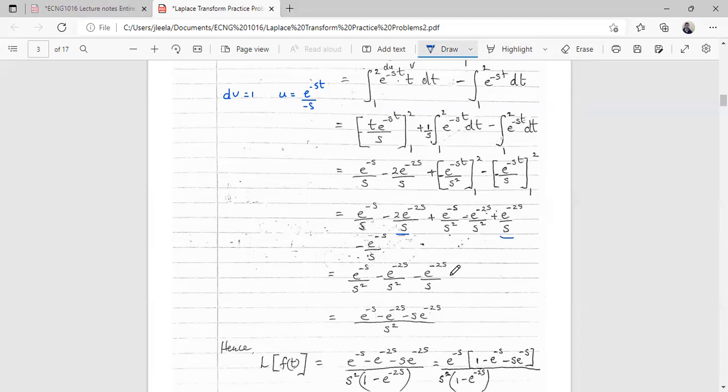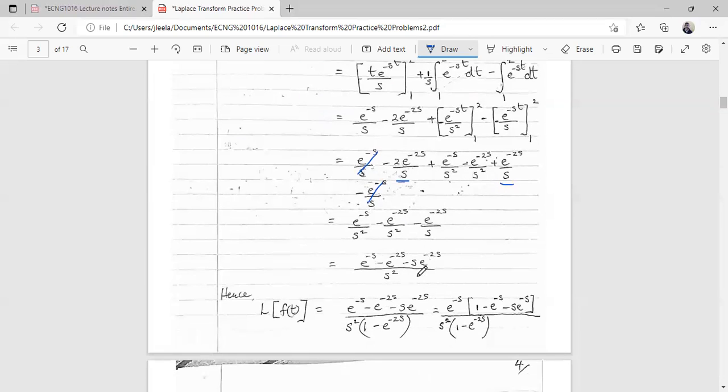And then here we have this one here and this one here will cancel, right? Because this one is positive, this one is negative, and then you'll have these two here, e to the minus s over s squared minus e to the minus 2s over s squared.